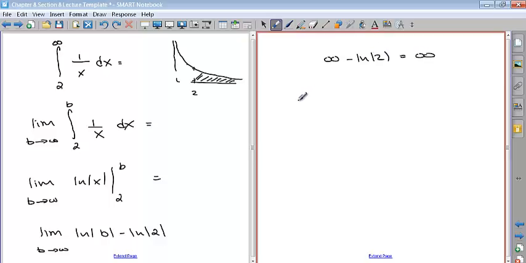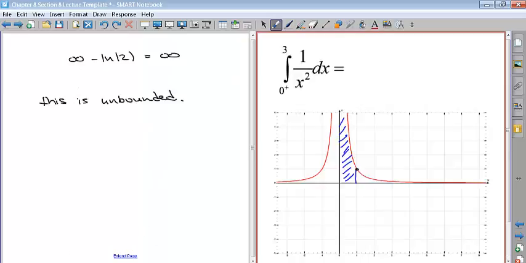So in this case, this is unbounded because this limit goes to infinity. Now here's kind of the opposite. We did 1 over the square root of x.